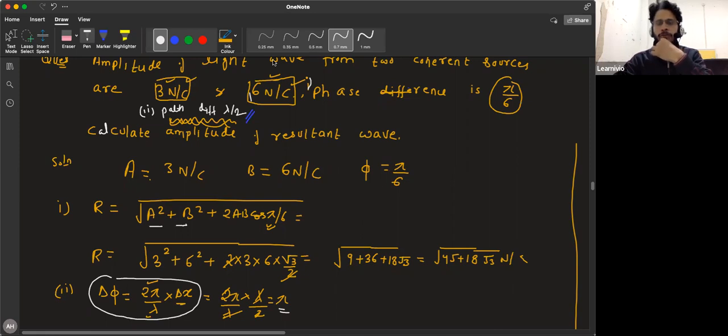Yes, sir. No, it's wrong. Cos pi is -1. I took -1 only. Then it should not be this value. Just check your calculations again. Are you calculating it? No.